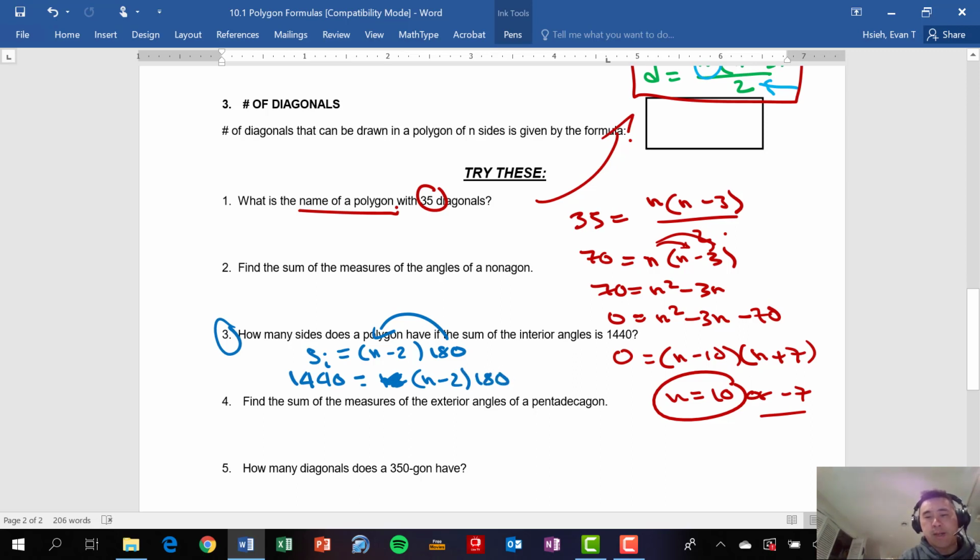Just divide both sides by 180, and that's going to come out to 8 equals n minus 2. And then add 2 to both sides, so n is equal to 10. So it's a decagon.